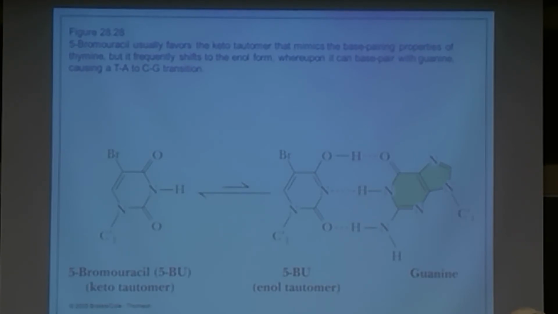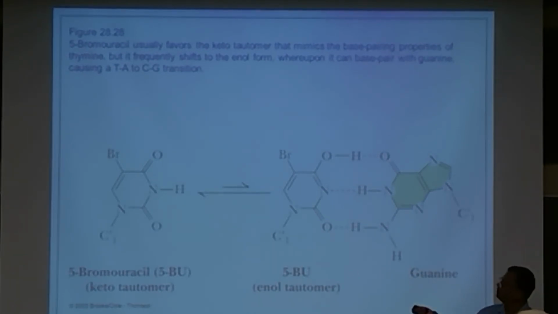So 5-bromouracil is a mutagen. A lot of people use it also in the lab. Normal uracil is supposed to form a bond with A, but it can also pair with G. Correct?